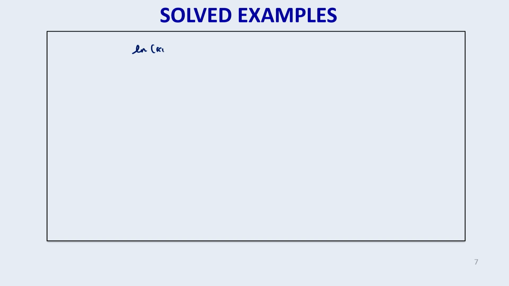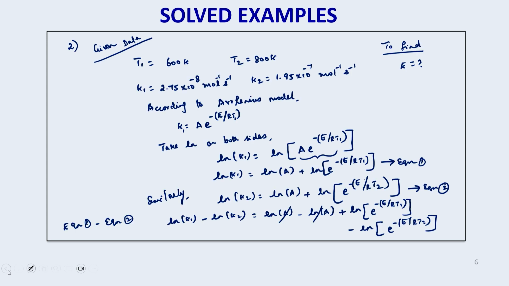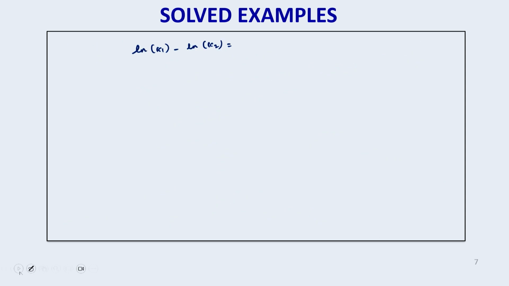the right side, first term ln of e power minus capital E by R into T1, where capital E is the activation energy, minus ln of e power minus E by R into T2.